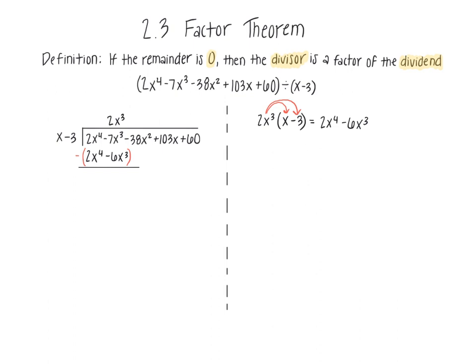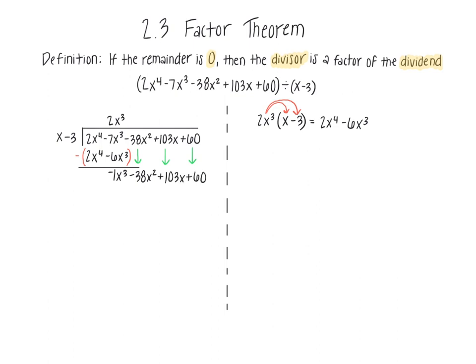My first term's canceled, and then -7x^3 minus -6x^3, which is actually addition, gives me -1x^3. And I'm going to bring down everything else: -38x^2 + 103x + 60.